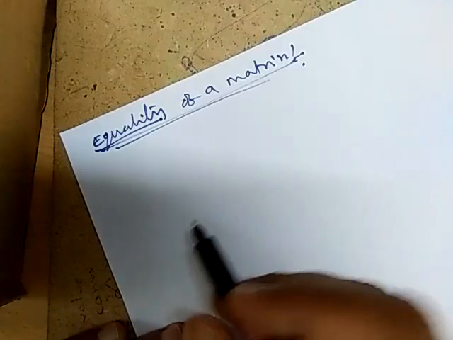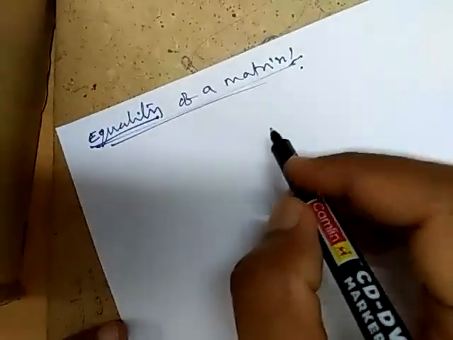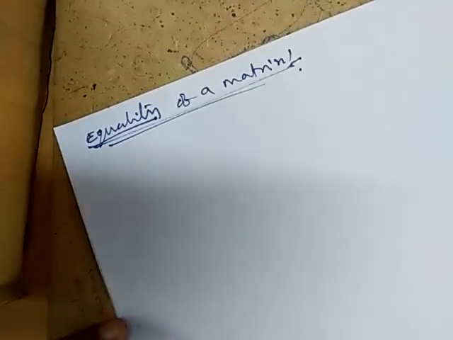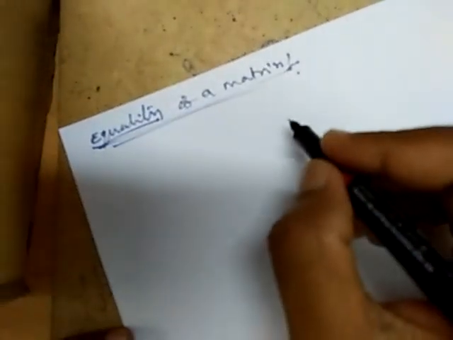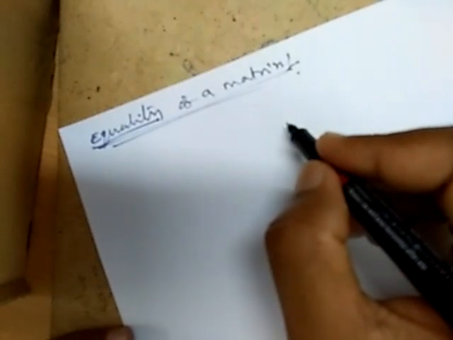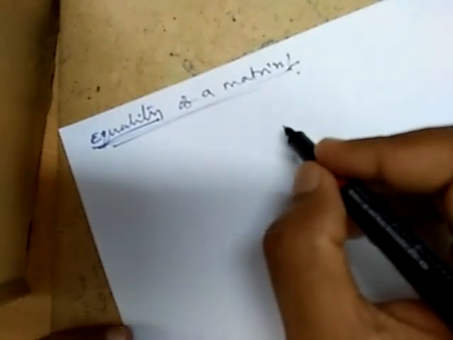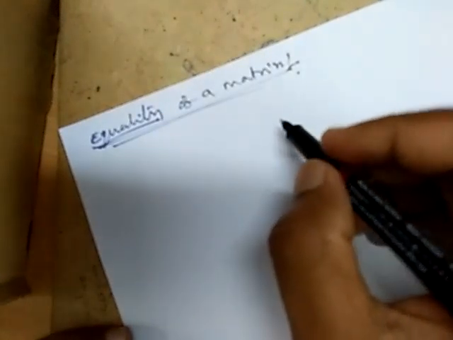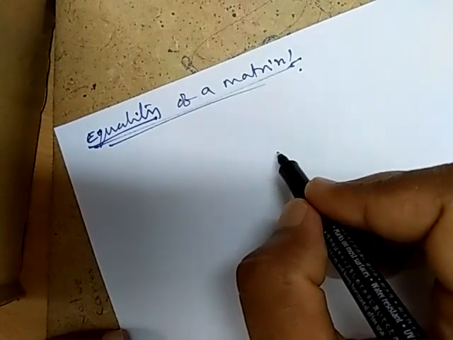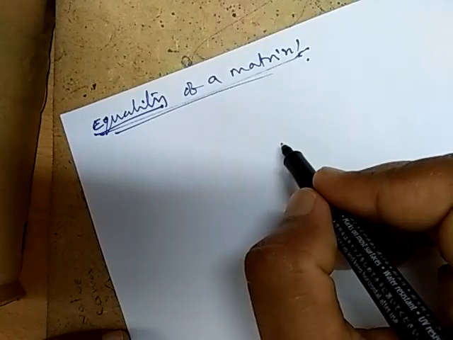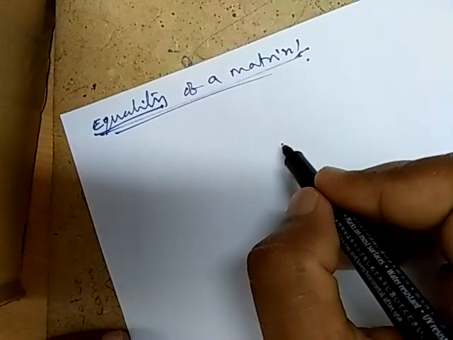Equality means equal. Two matrices are equal only if their order is equal. If the order is different, then we can't equate the two matrices.